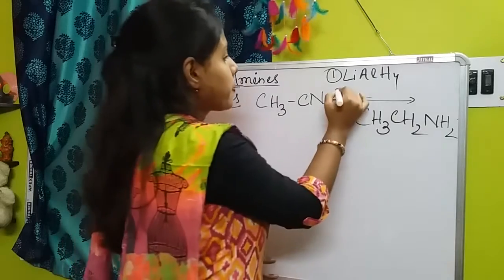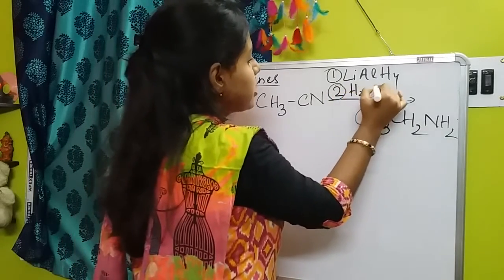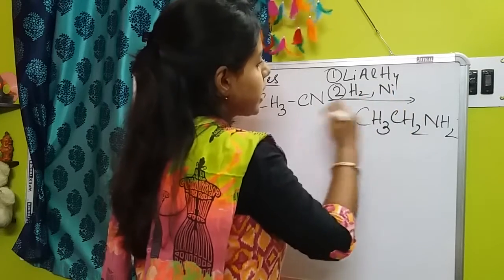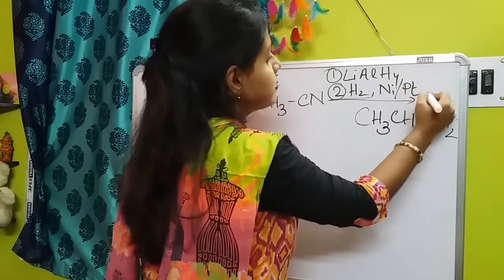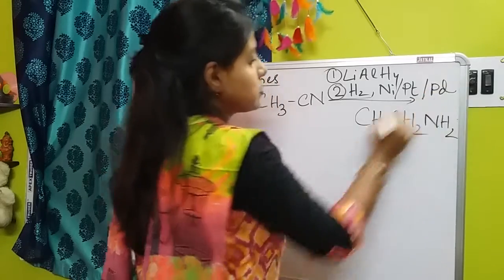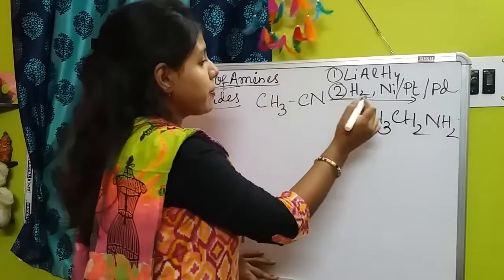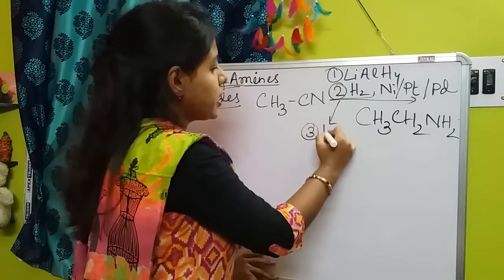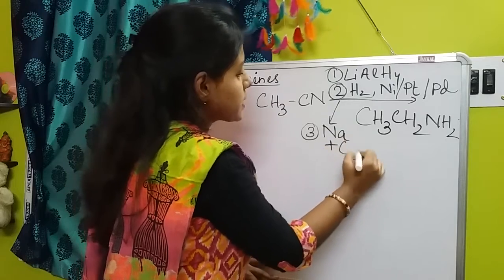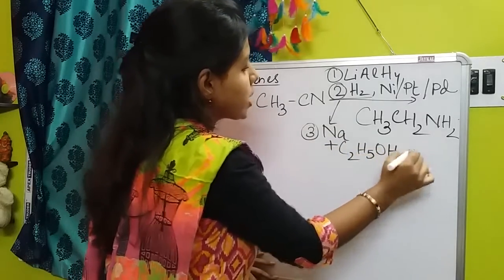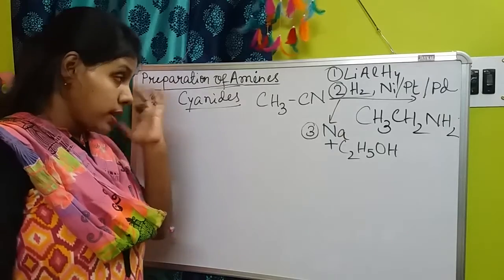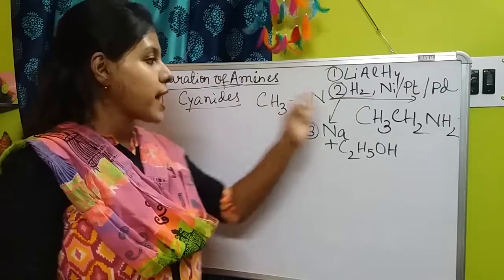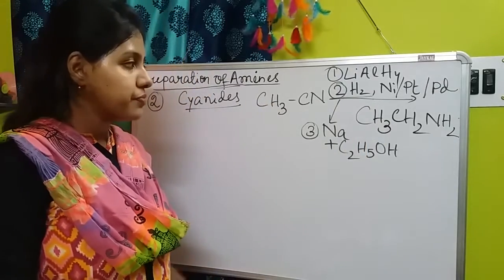Number 2, hydrogen in presence of nickel, platinum or palladium. Now the third reagent that we could use here is sodium in presence of ethanol, C2H5OH. So these 3 reducing agents we could use for converting the cyanide into an amine.